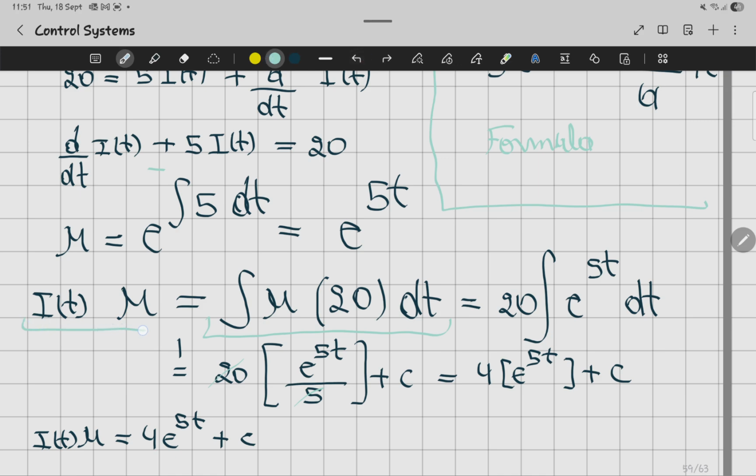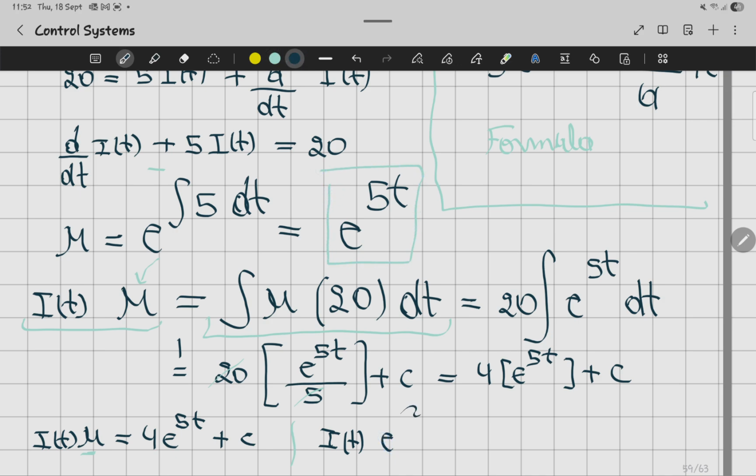We know that m is actually this one, so in this equation we're going to write it in this form. It's going to be y times m, so we're going to replace m here. And m is e to the 5t, this is the answer for m.